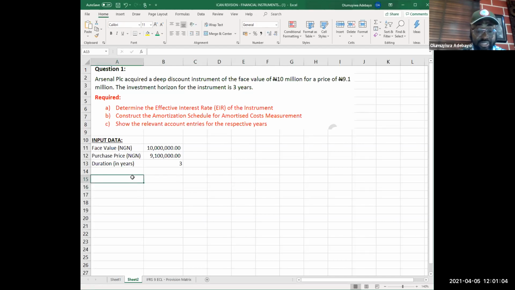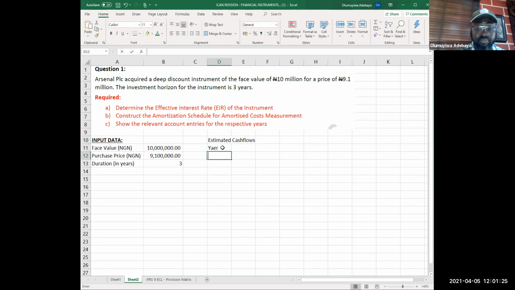Now, I can say, okay, my estimated cash flows are as follows.